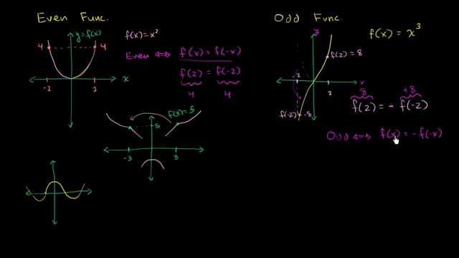If you multiply both sides of this equation by negative 1, you would get negative f of x is equal to f of negative x. And sometimes you'll see it swapped around, where they'll say f of negative x is equal to negative f of x. I just swapped these two sides.